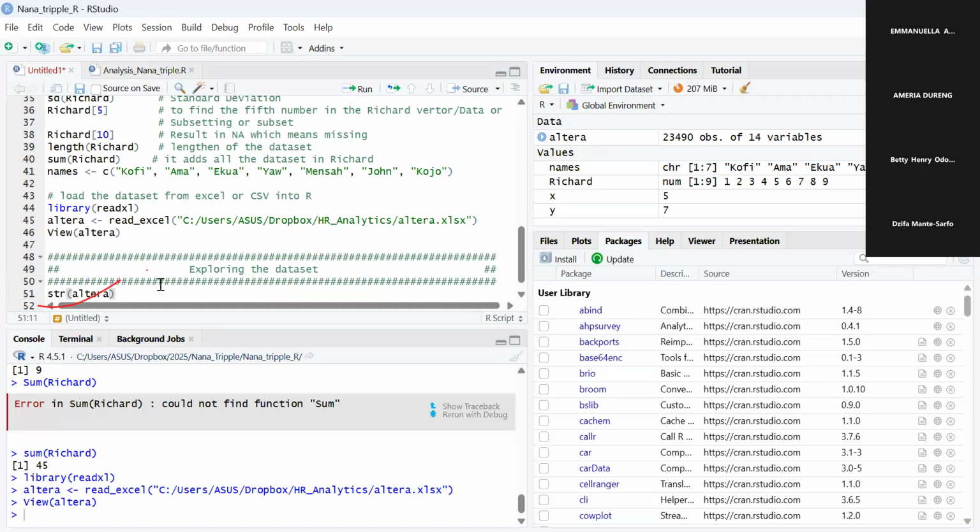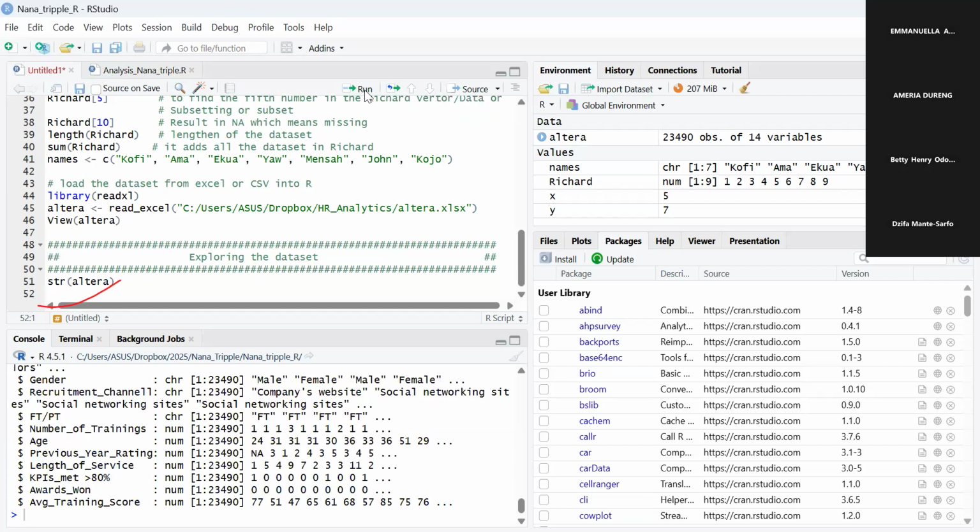Maybe in your case, how will you call your data? You can even change the name if you didn't want Altera. I'll show you what to do if you don't want to use Altera. Run. What do you see?